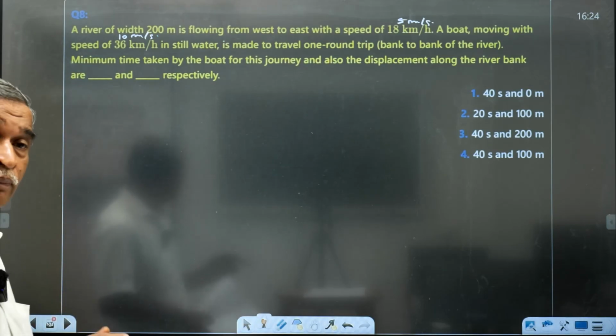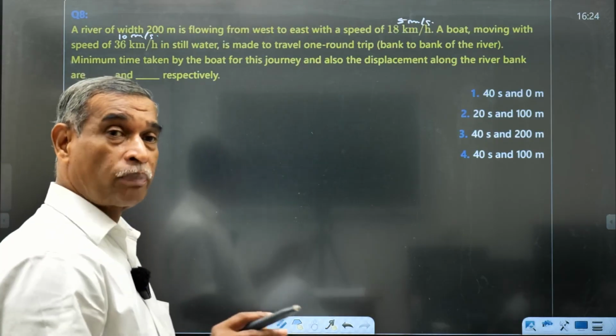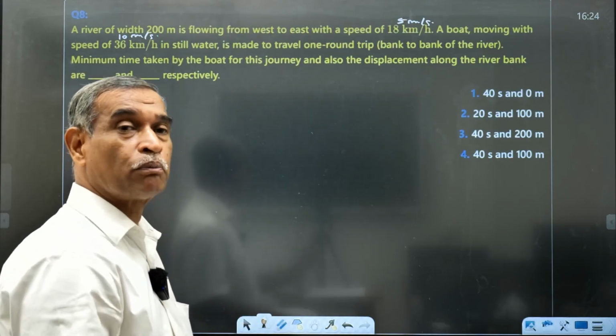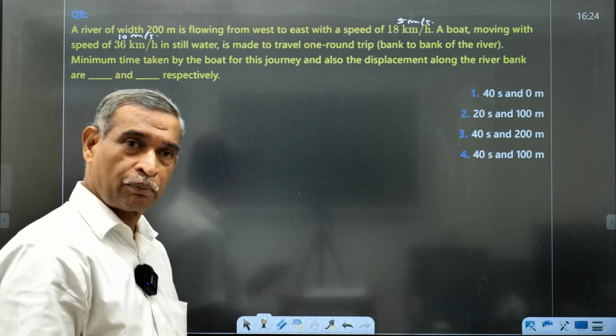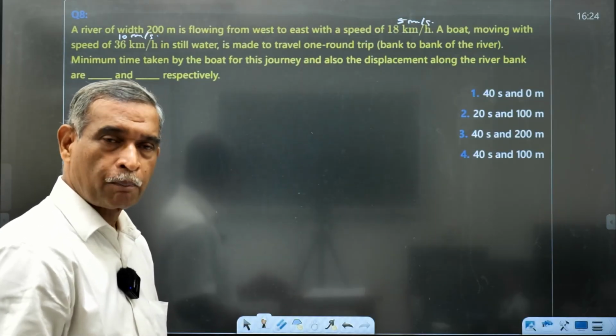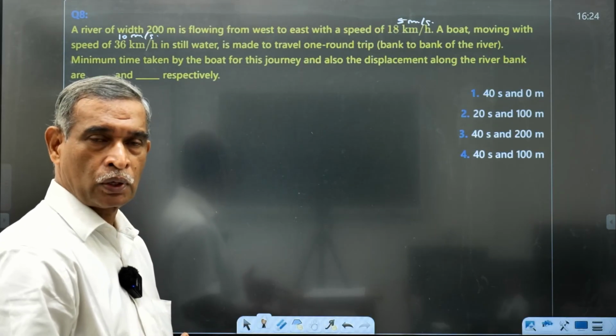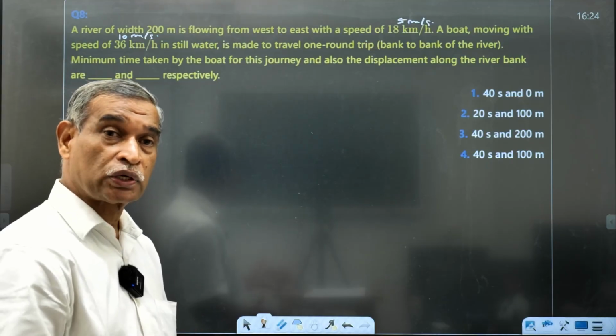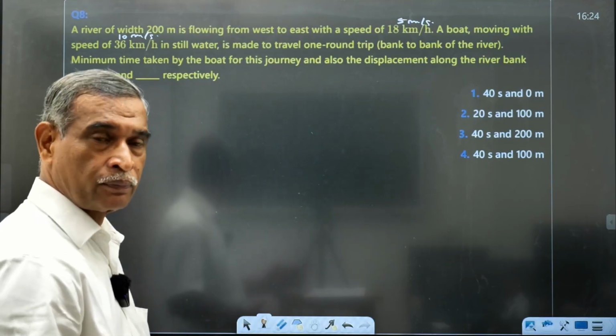Minimum, therefore, he must opt for least time mode for this journey. Least time mode means he must always swim perpendicular to the flow. But due to the velocity of the river, he drifts.